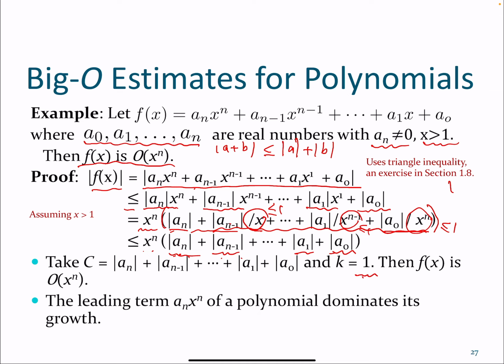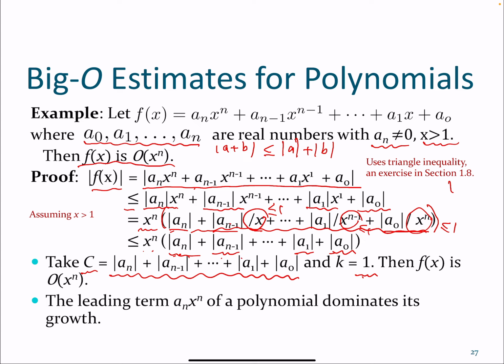We let k equal to 1 and let c equal to the sum of the absolute value of a_n plus the absolute value of a_(n-1) up to the absolute value of a_0. This is your c, and then we can see that the absolute value of f(x) is smaller or equal to c times x^n.